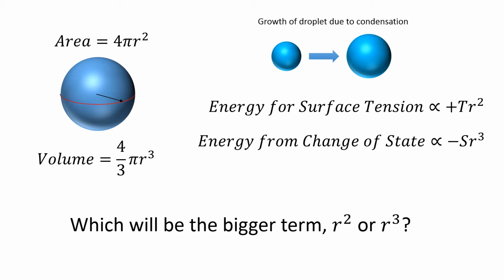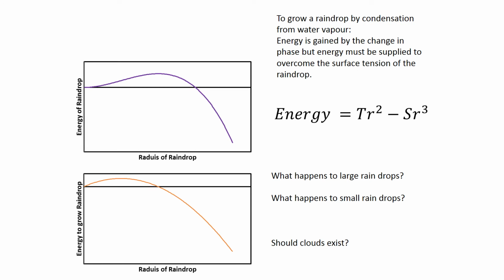So 0.1 times 0.1 times 0.1 is 0.001, which is smaller than if we square the number, 0.1 times 0.1, which is 0.1 squared, equal to 0.01. Okay? So this is kind of important in clouds.